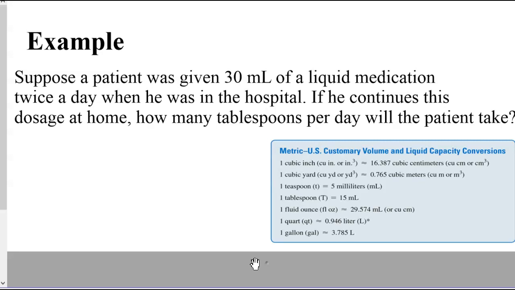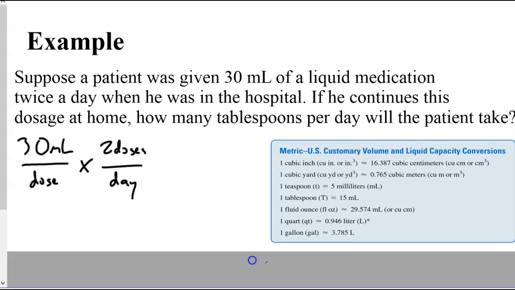Let's jump right into this. 30 milliliters is the dosage that the person is getting, and again, dose is a unit, and they're getting that twice a day, 2 doses per day.